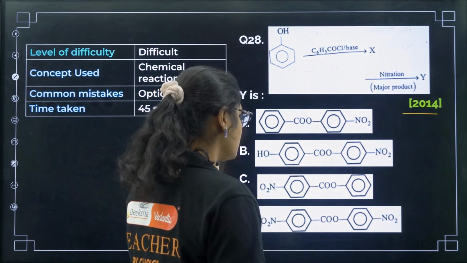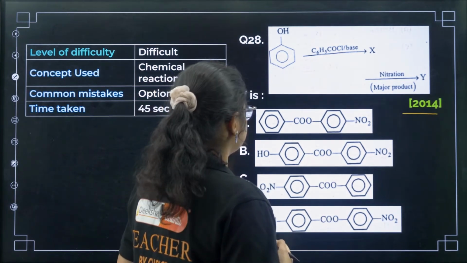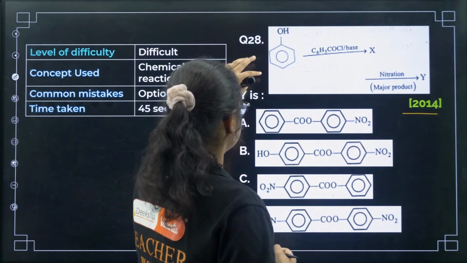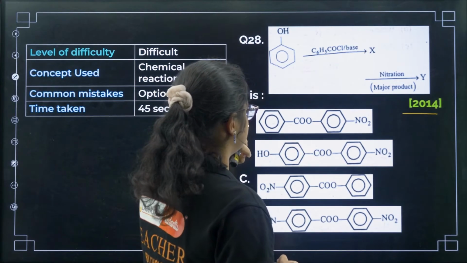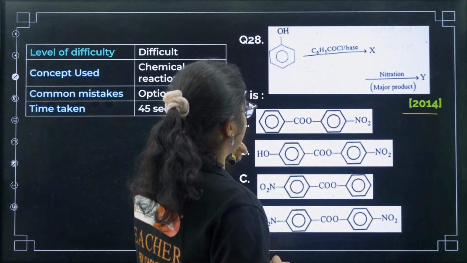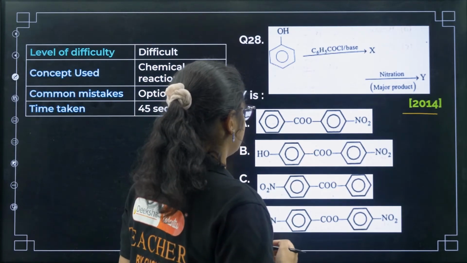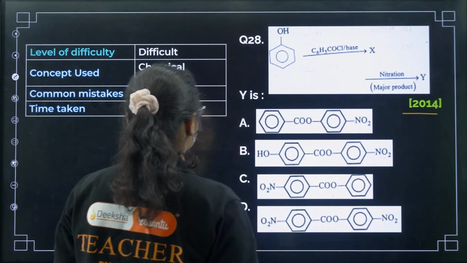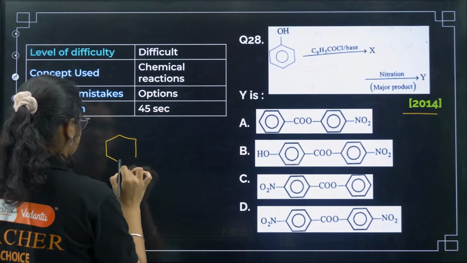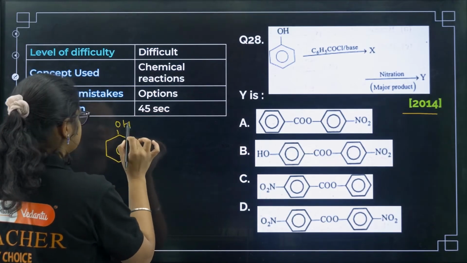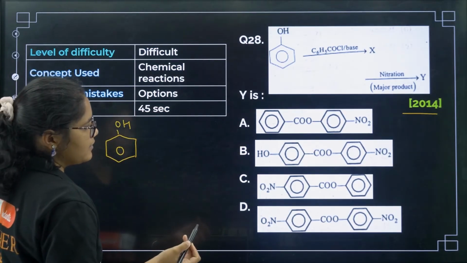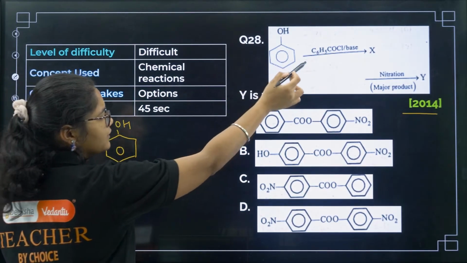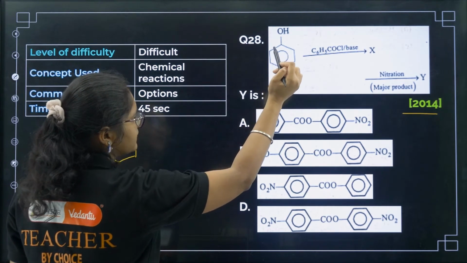In this question you have to react the compound having OH with C6H5COCl, given with a base, and then you are doing nitration. The major product is, okay. First of all, we have here OH, and C6H5COCl means one group is present here and one group is present here.